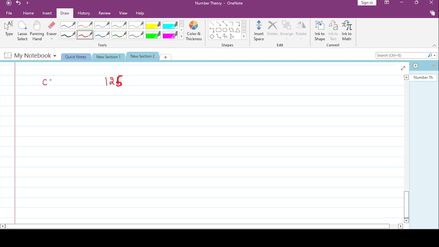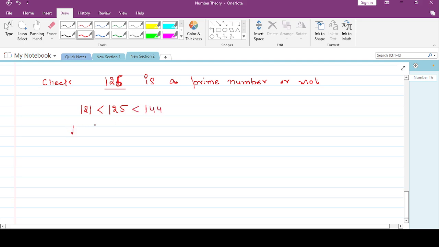Check whether 125 is a prime number or not. So this we want to check, and it is very easy to check. See, this 125 lies between 121 and 144.